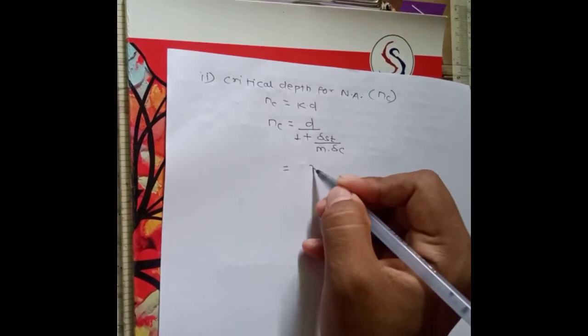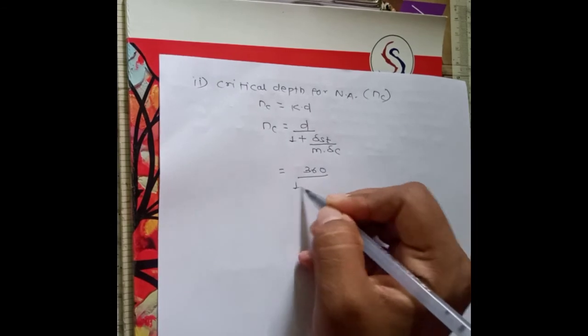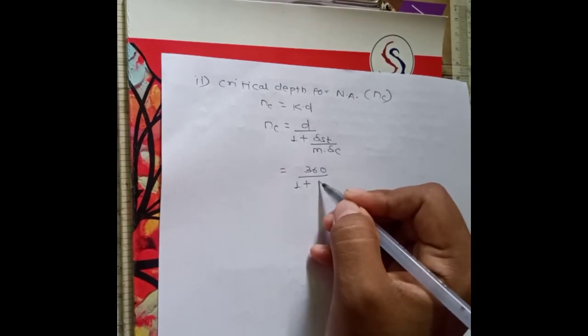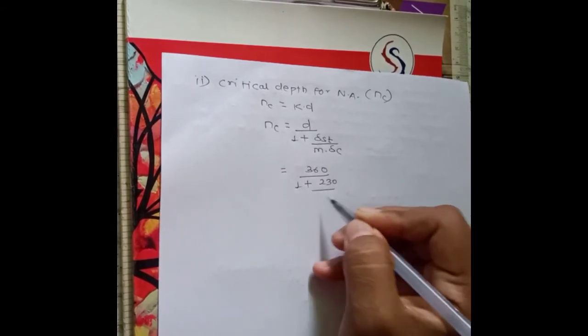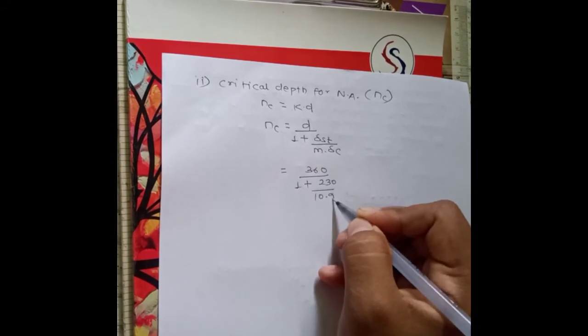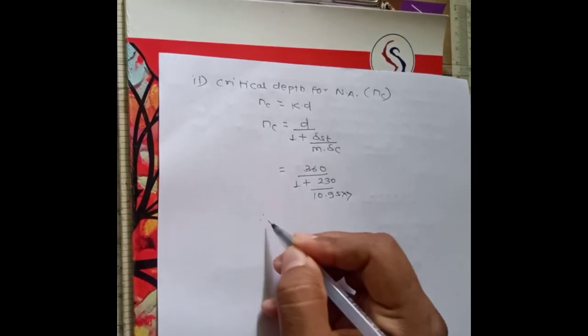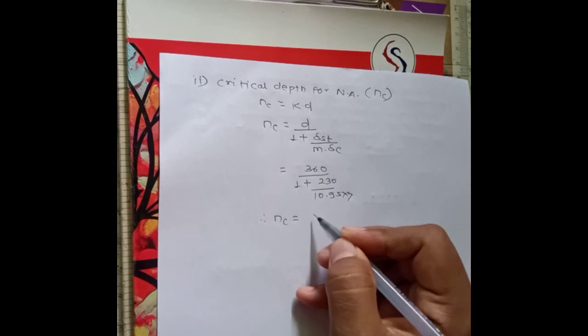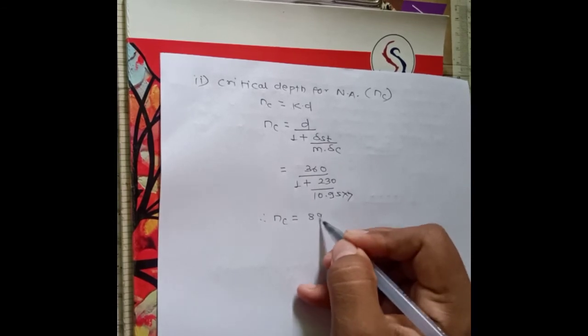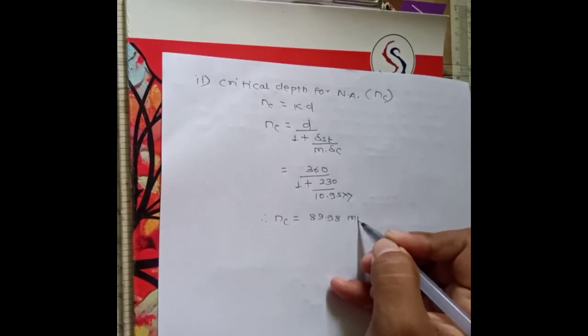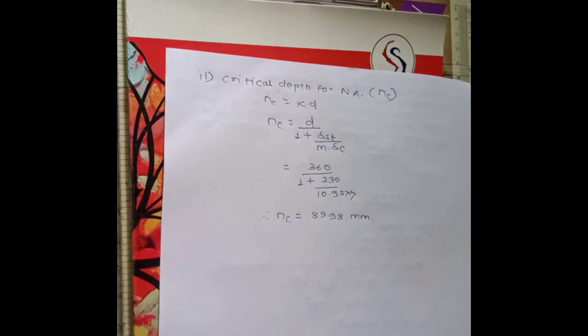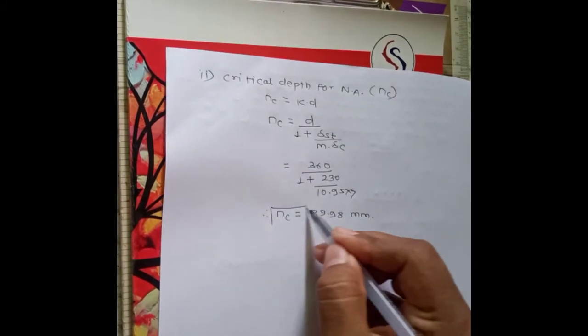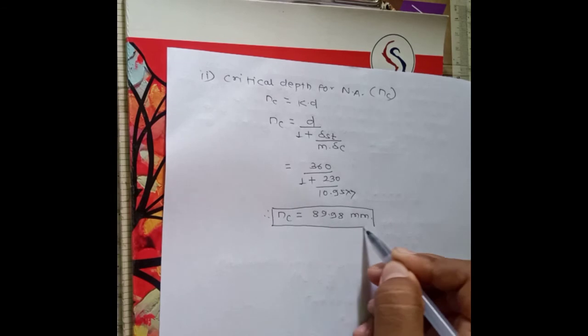Put the values. So you will get the value of critical depth as 89.98 mm. So we got the value of critical depth.